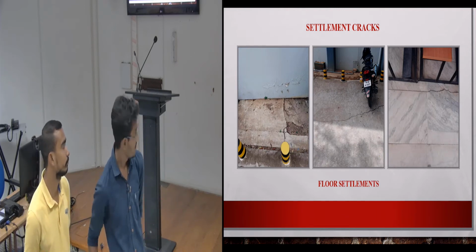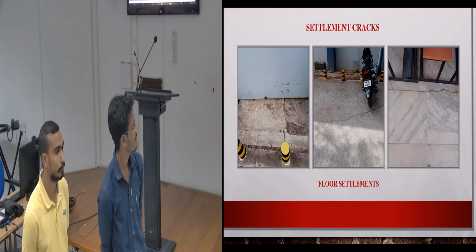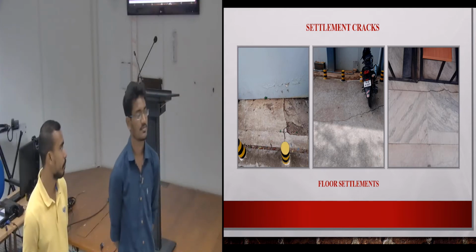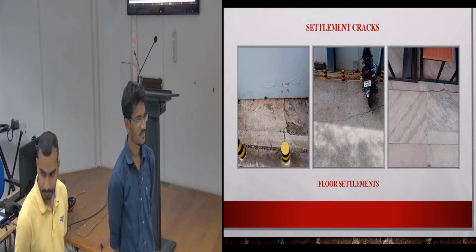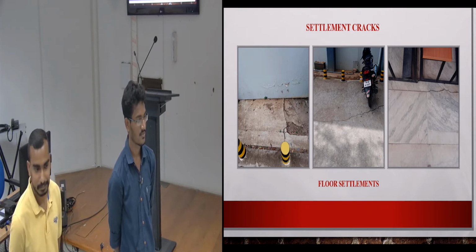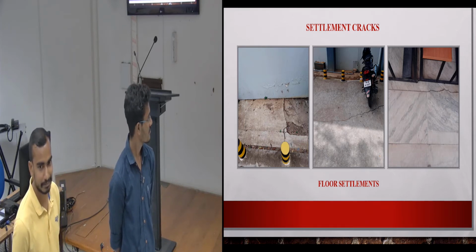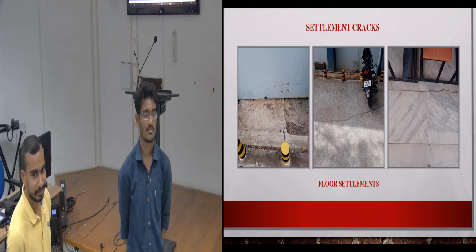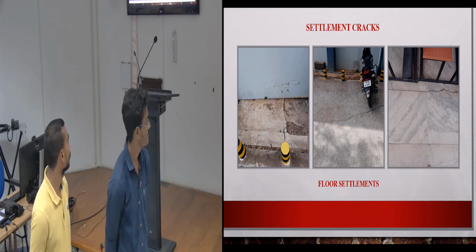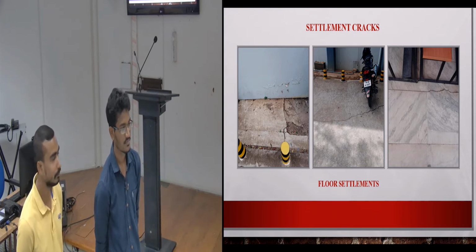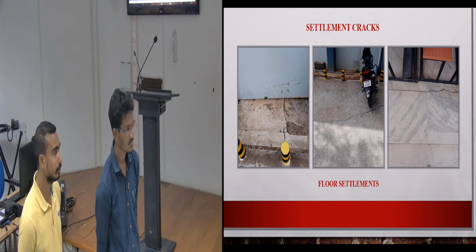Might be that was a temporary flooring. They would have dumped some sand, soil, and they would have used some cement concrete floors. Whatever, some base cement will be there. So what happens when the downpour comes? That area will be water stagnant. So there is no provision to drain out.